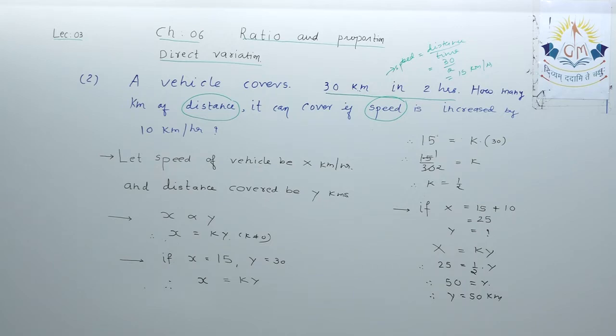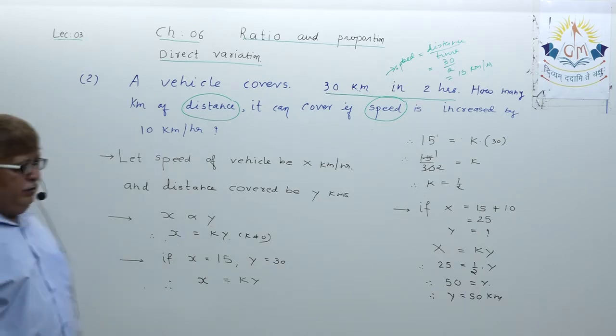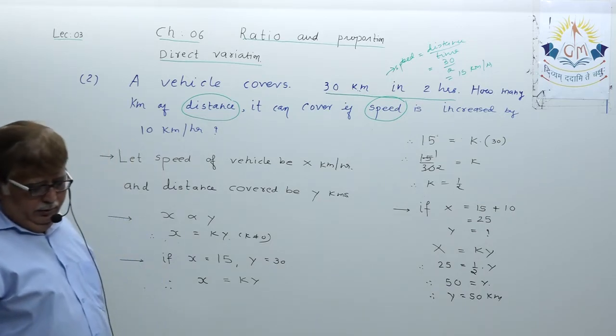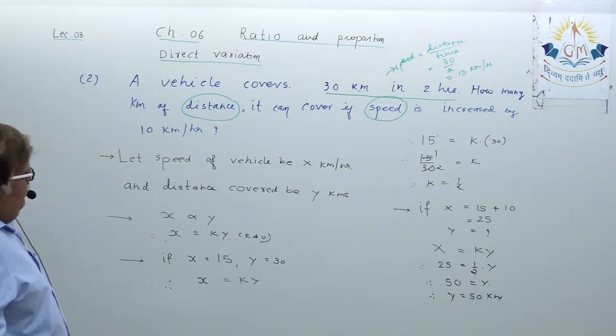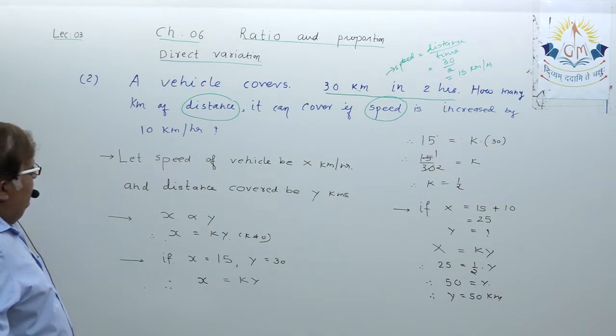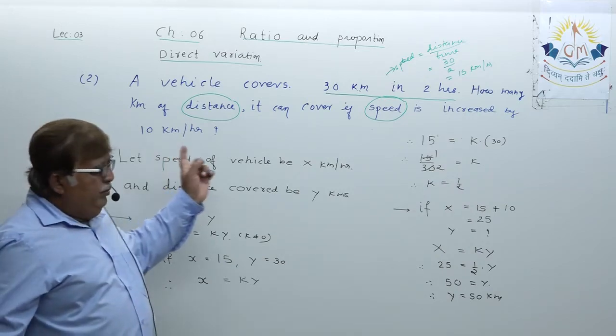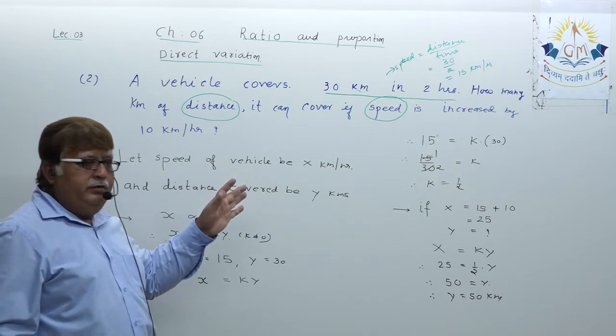Okay. Look at the sum, dear student, and mark the important data, how we have analyzed in this particular example to suppose two physical quantities. I gave you the clue point from the last statement. How many kilometers of distance? That means distance.